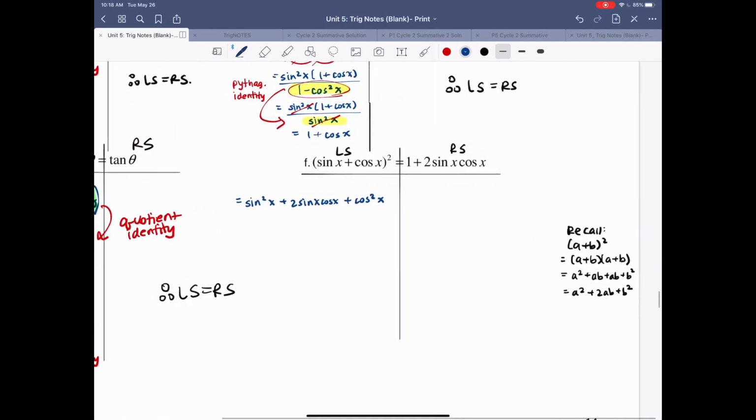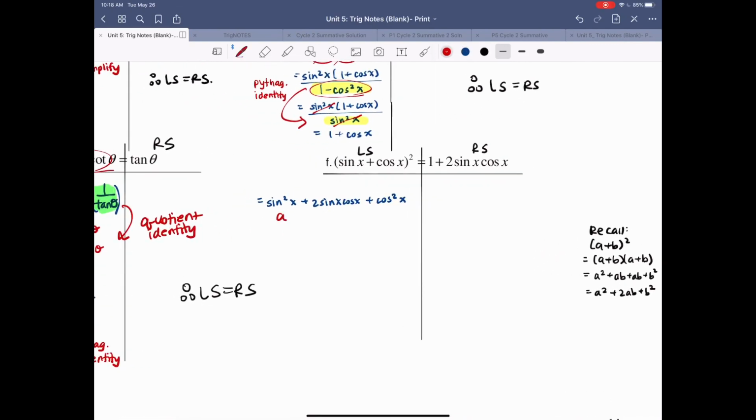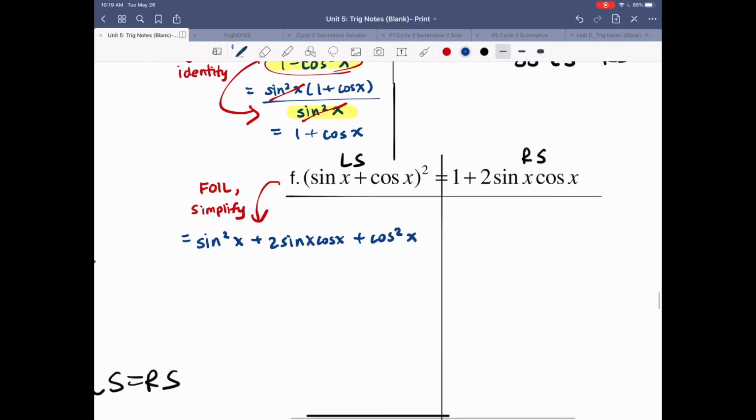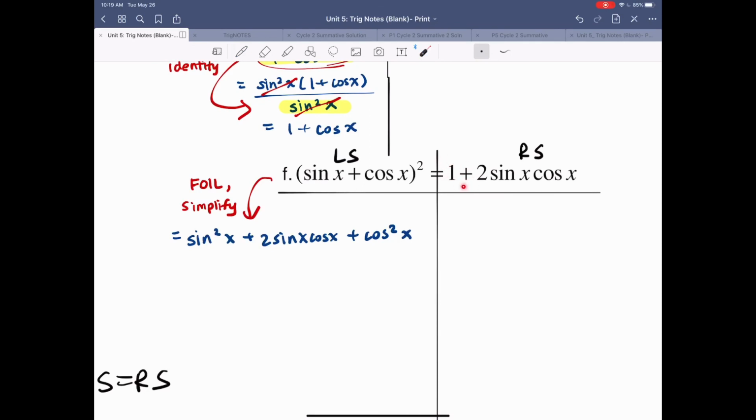If you need to visually see this, this is like my a squared, that's my 2ab, and that's my b squared, and notice that they correlate. So from my previous step to the next, I did FOIL and simplify. I noticed that there's a 1 here, which means I probably can use my Pythagorean identity.